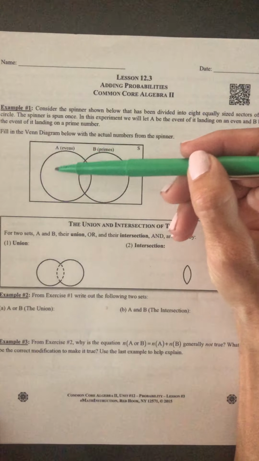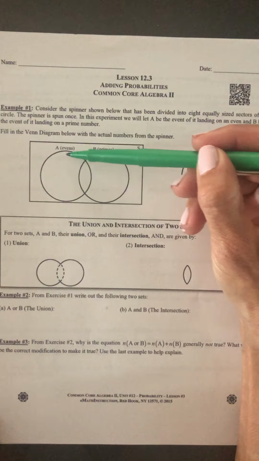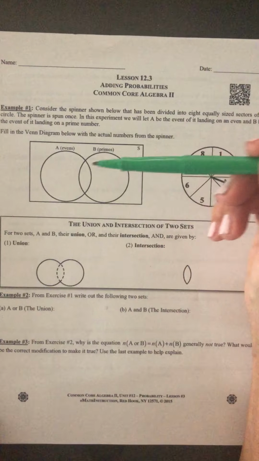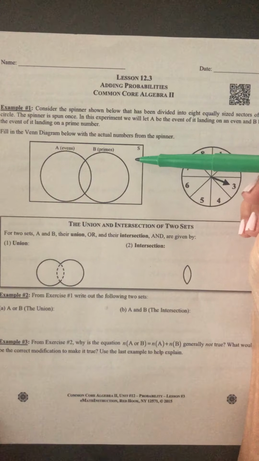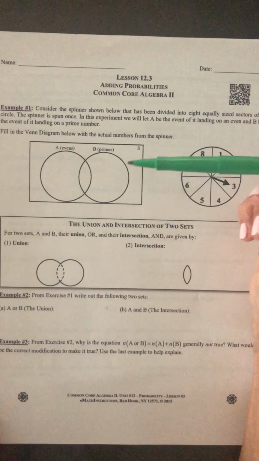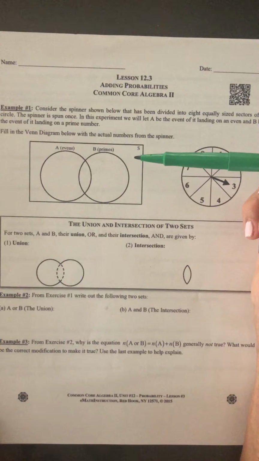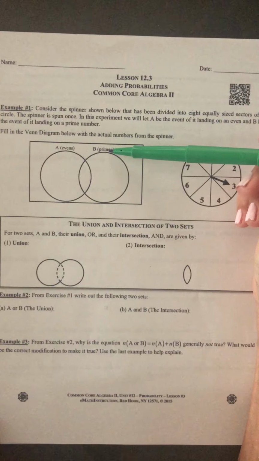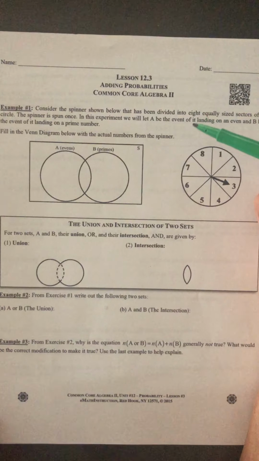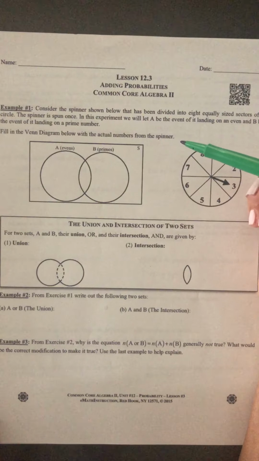So you'll have some that fall into this option, some that fall into this option, some that fall into both. But you also might have a case where something does not fall in there at all. That's what's going to happen here. You've got the set of evens, you've got the set of primes. I know you guys know all evens, but primes is a little tricky.